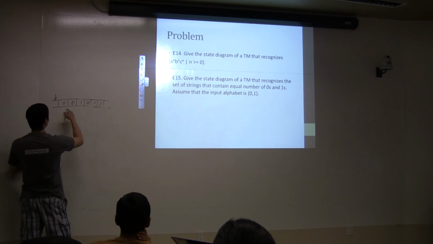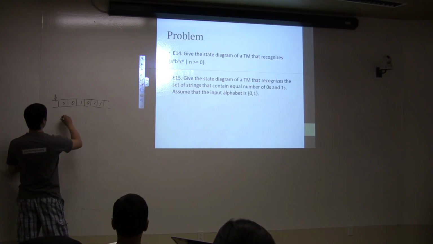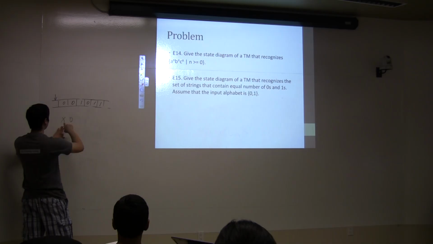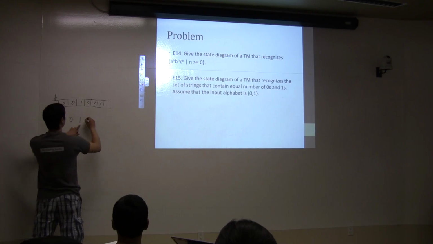Let's do an example. Once you see a 0, you mark it with X. Then you keep going right to see a 1.